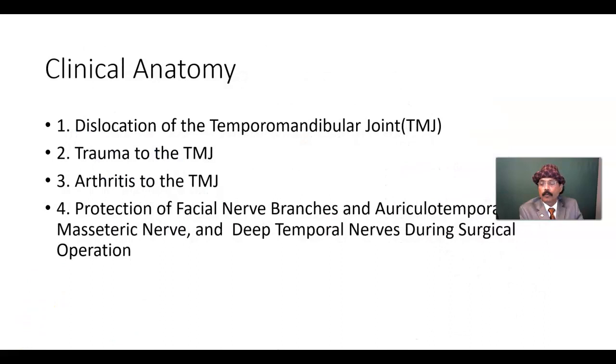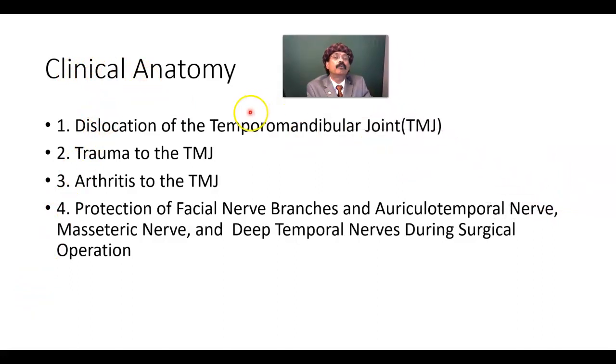We'll learn some clinical anatomy because this is the most used joint in our body. We use this joint almost every hour. So we have to learn some clinical anatomy.